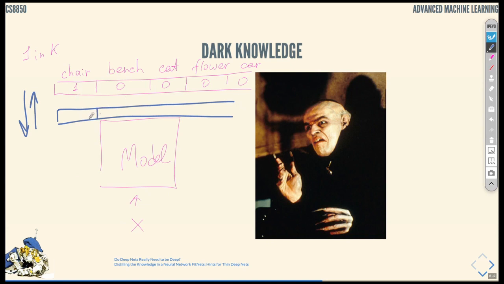When it makes a prediction for the same label, chair, yes, it does assign 0.9 probability or score to chair, but chair is very close to bench and somewhat, with four legs, close to a cat, and very far from flower and car likewise.